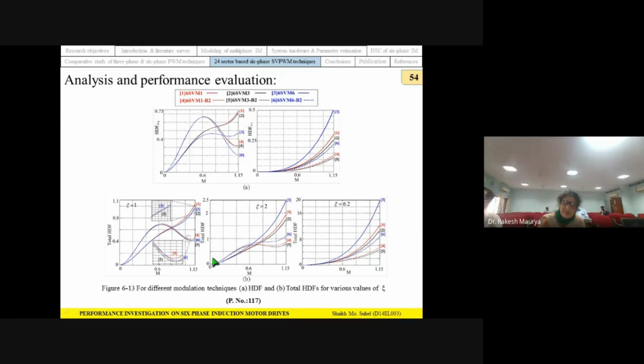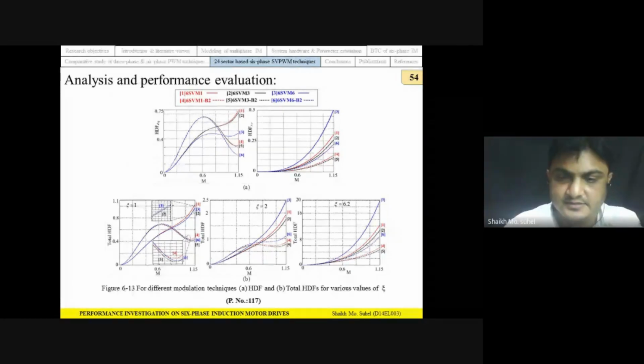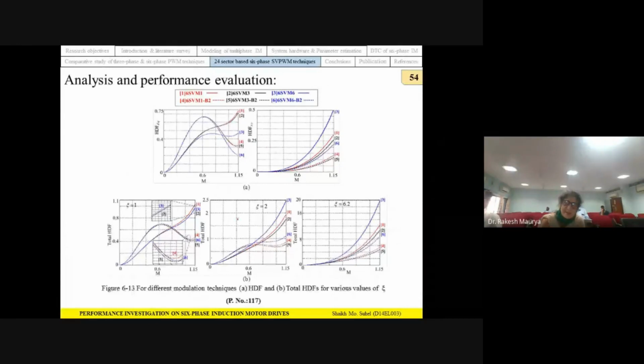Can you explain this? For one particular method, the distortion is maximum at one particular modulation index, and other methods are not showing such trends, meaning a monotonically increasing trend.